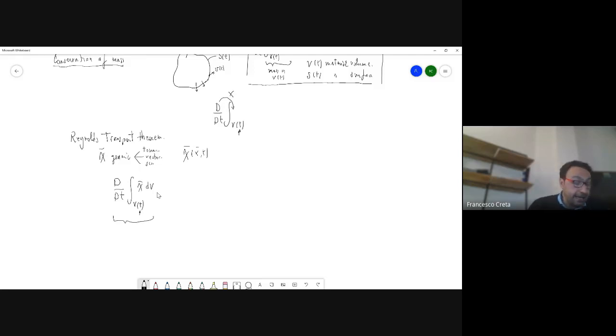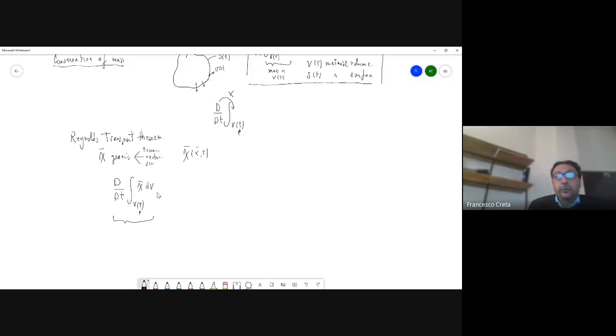So this can be considered as the rate of change of chi carried by the material volume V. What we're monitoring is how fast the integral of chi on this material volume V is changing in time, as it is being carried by this material volume.